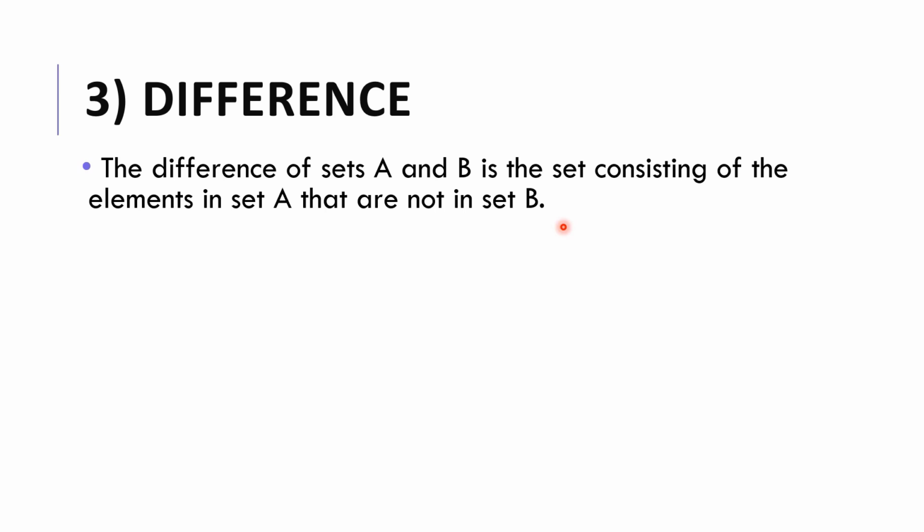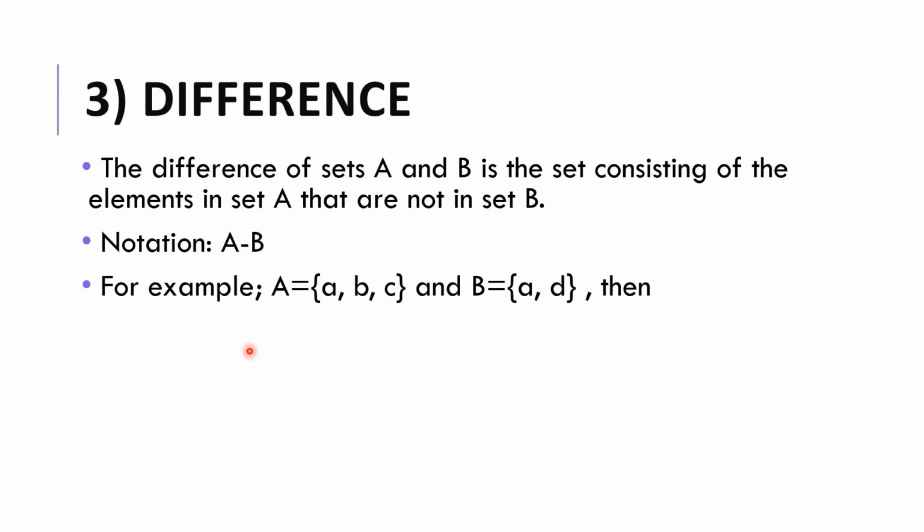Now the third operation is difference. The difference of sets A and B is the set consisting of elements in set A that are not in set B. So here simply, from set A we subtract, difference means minus, we subtract the elements of set B. For example, here set A contains elements a, b, c, and set B contains elements a and d.